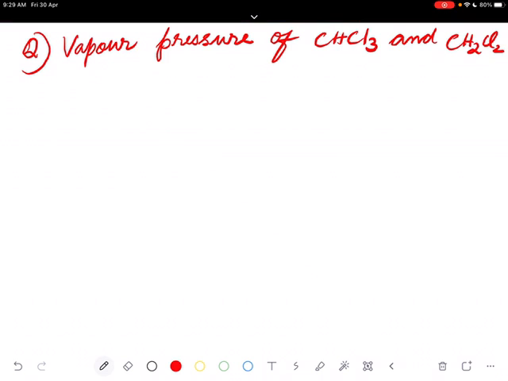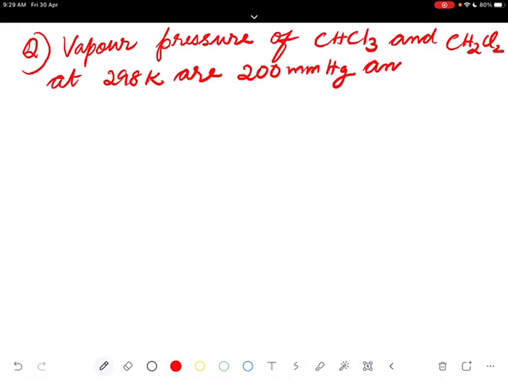One is chloroform, meaning trichloromethane, and the other is dichloromethane, at 298 Kelvin are 200 mmHg and 415 mmHg respectively.